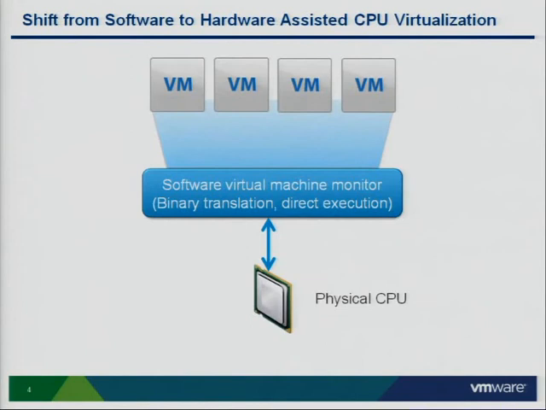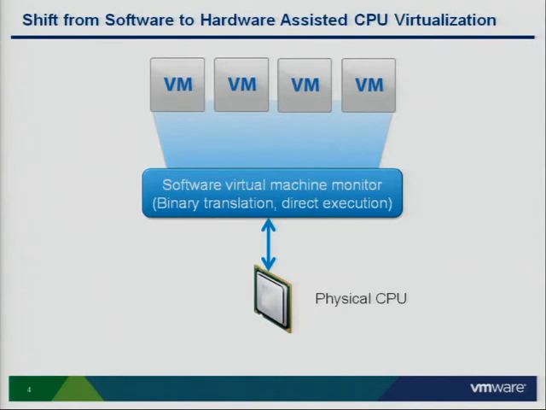So I had a hard time trying to narrow down the scope of vStorage APIs into one sentence definition. So I'm going to try an analogy instead. And the analogy is that around a decade ago, VMware created virtual machines, and the problem we were trying to solve was create these containers which are isolated from each other, and then run them on CPUs which are actually not capable of running these containers in an isolated manner.